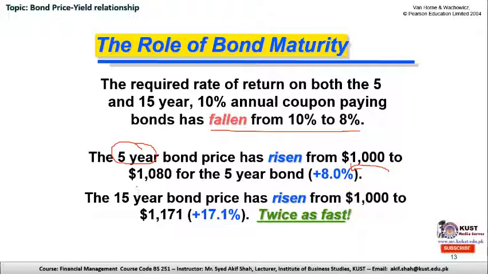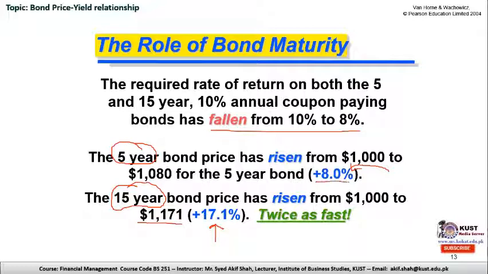At the very same time, the other bond, which has 15 years of maturity, its price will rise from 1000 to 1171. And if we calculate the percentage increase in the bond price, it is 17.1%, which is twice as fast as the short-term maturity bond.